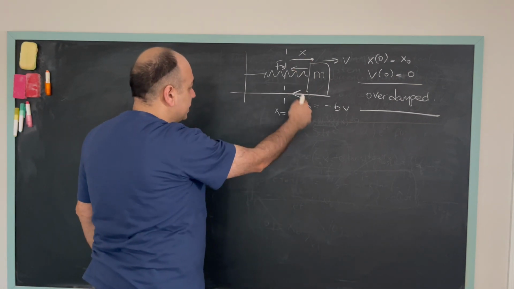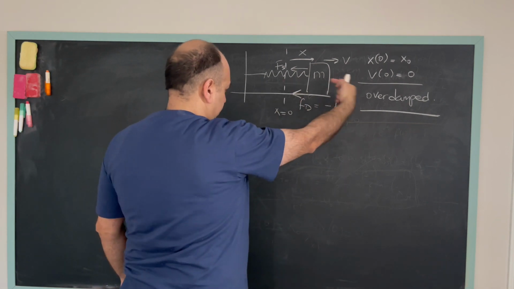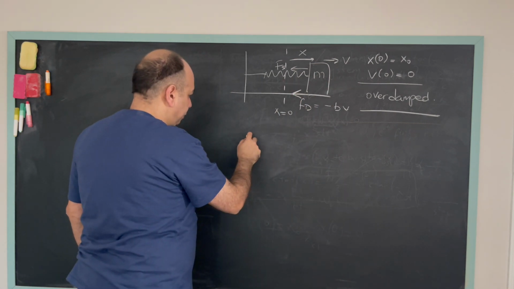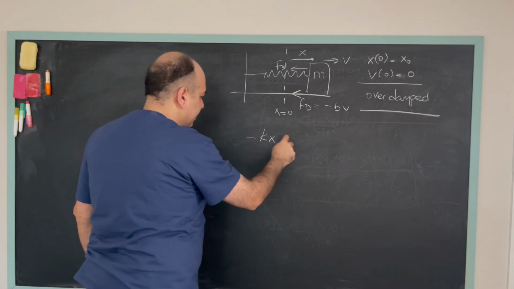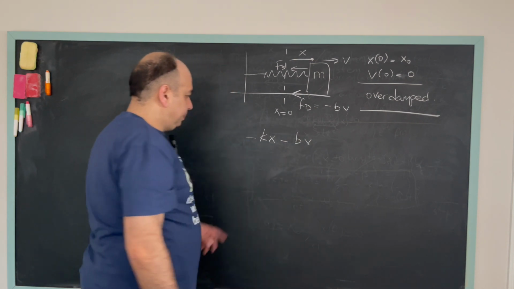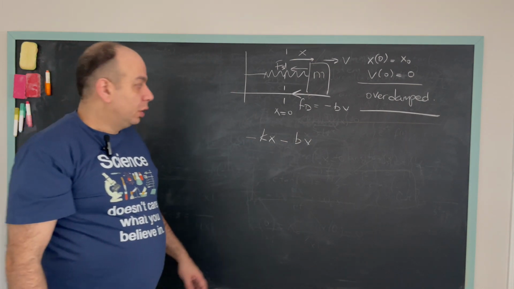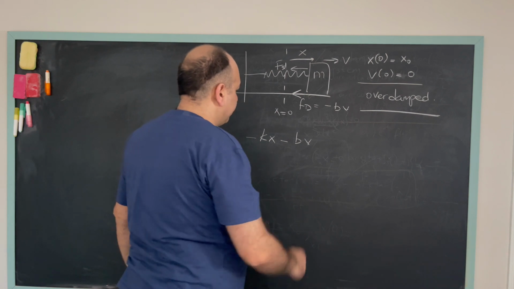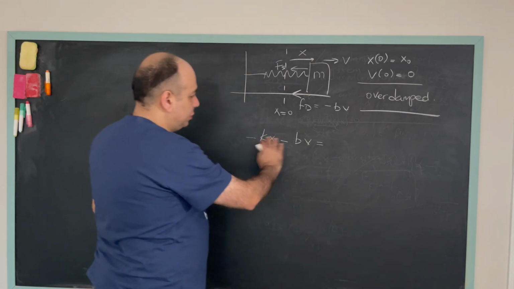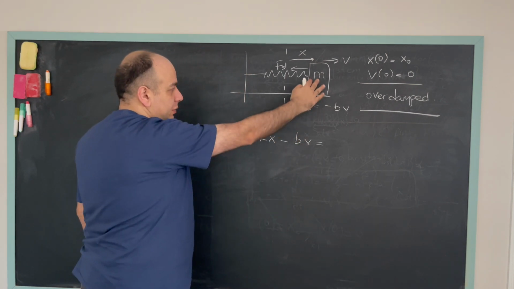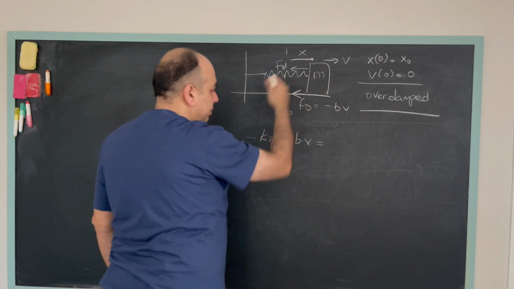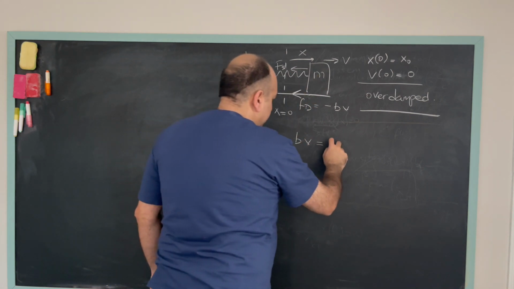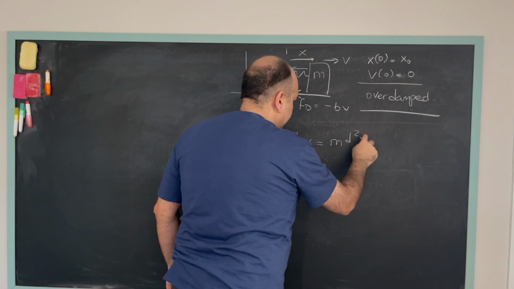There are two forces acting in the negative x direction. So these are minus kx minus bv. So this is due to Hooke's law, the force due to the spring. So this is equal to F net, the net force acting on the system at any given time t. So this is equal to mass times acceleration.